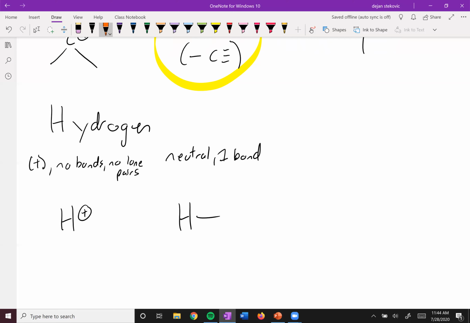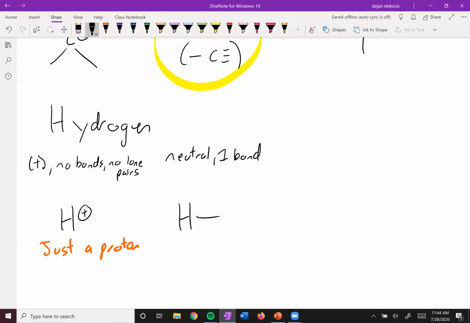And so this is just a proton. So we'll talk about things being protonated or deprotonated or a proton transfer occurring. What we're talking about is just an H+ moving around. Remember, hydrogen is just a proton and an electron. So if we take off that electron, we're left with just a proton.